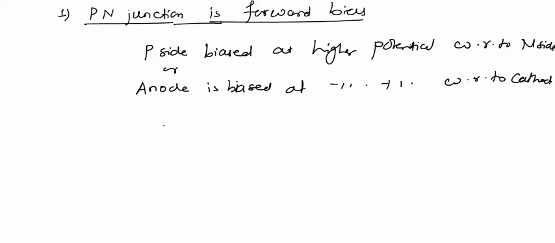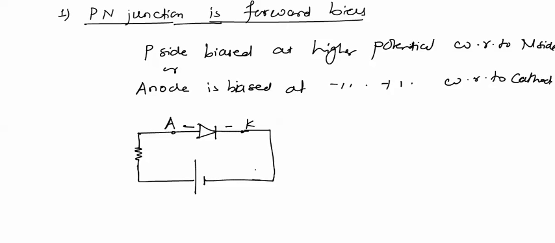In the circuit, we will show a forward biased PN junction as this. This is P side and this is N side. This is anode terminal and this is cathode terminal. We will connect the battery in such a way that anode is biased at higher potential with respect to cathode, and in this figure it is clearly seen that the battery is making anode at higher potential with respect to cathode.